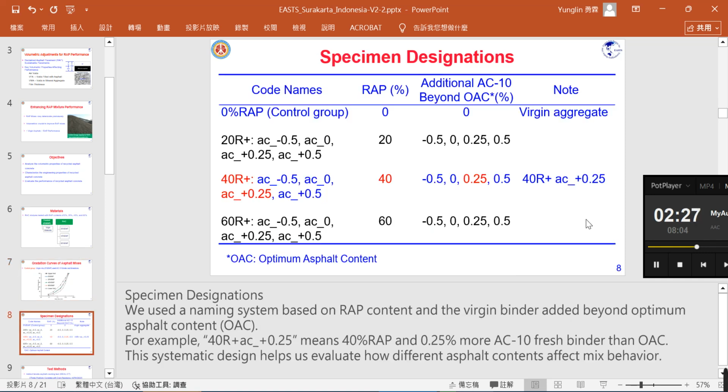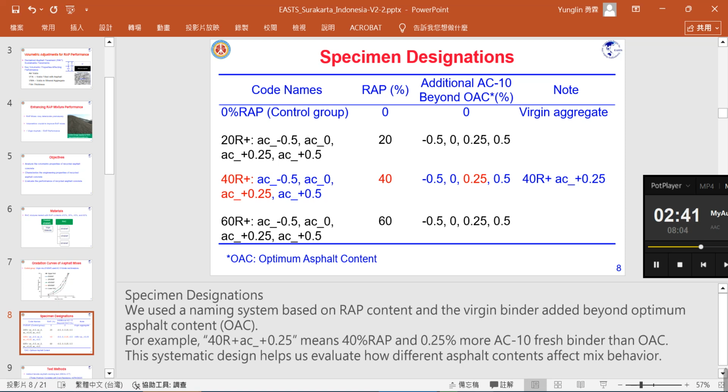Specimen designations. We used a naming system based on RAP content and the virgin binder added beyond optimum asphalt content, OAC.